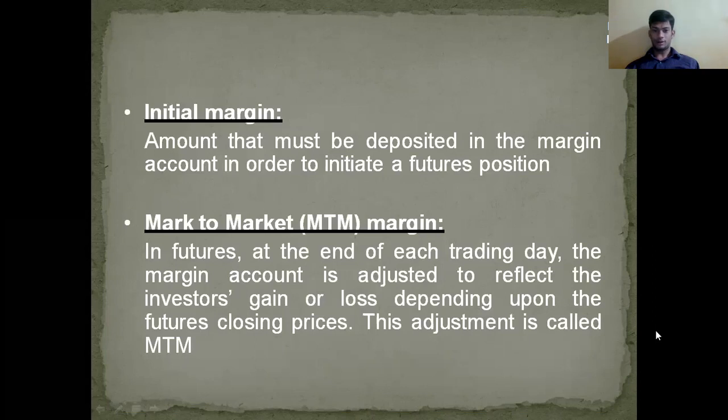Mark to market margin: at the end of each trading day, the margin account is adjusted to reflect the investor's gain or loss, depending on the future closing price. This is called mark to market margin.